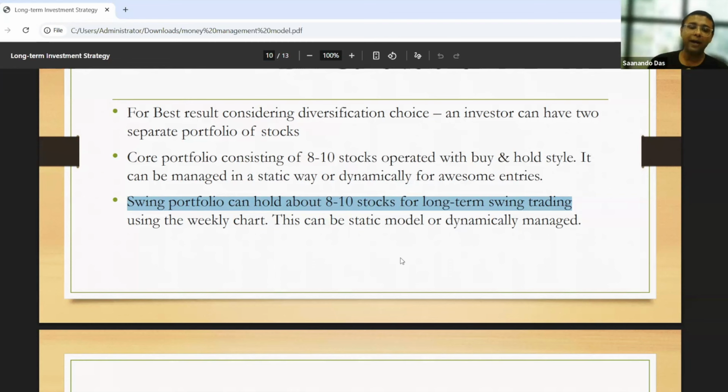You can make it passive. Let us understand how we can make it more passive. I'll go into more passive for the core portfolio later with a particular matrix, MMM, but let me give you a general idea about the swing portfolio.